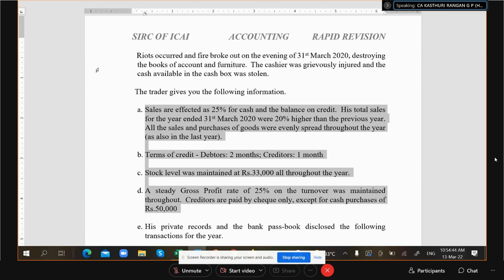Total sales for this year was 20% higher than the previous year. What is the previous year sale? That also I do not know. So if I know the previous year sale, add 20%, I'll get the sales for this year. In that, 25% will be cash sale, 75% will be credit sale.